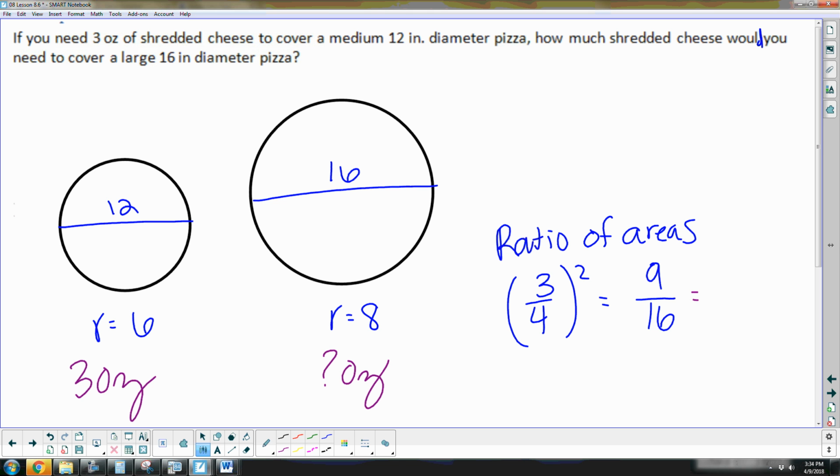The circle that has the 9 as the portion of the ratio for the area takes 3 ounces, but we don't know how many ounces it takes for the larger circle, which is represented by the 16.